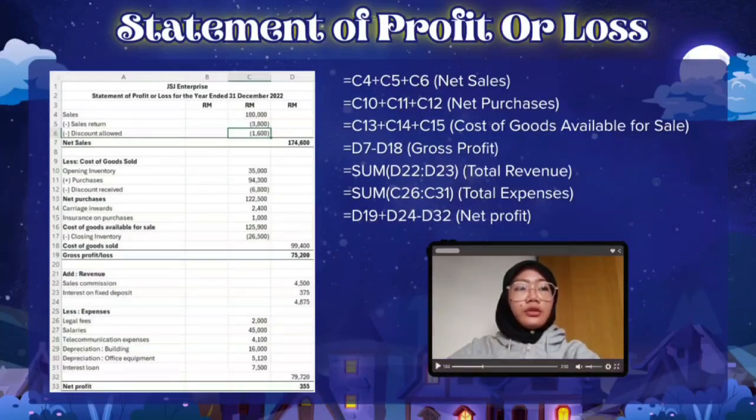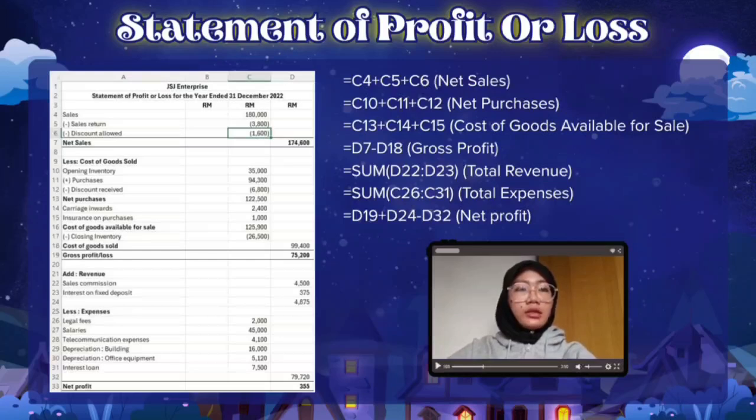Now, moving on to expenses, the business incurred costs such as salaries, legal fees, telecommunication expenses, depreciation, and interest on loan, which total 79,720 ringgit. Finally, after adding other revenue and deducting all expenses, JSI Enterprise recorded a net profit of 355 ringgit for the year ended 31st December 2022.